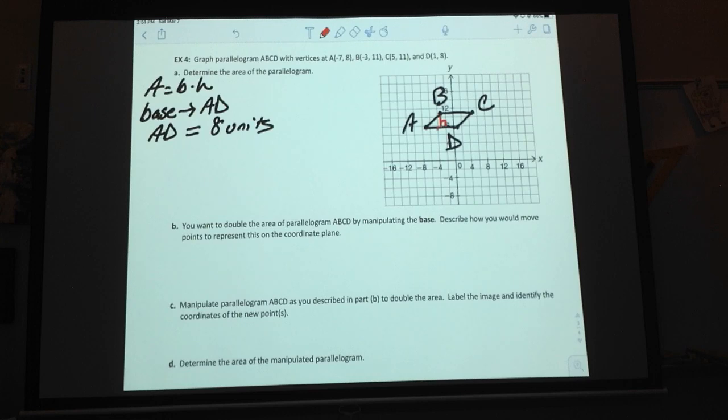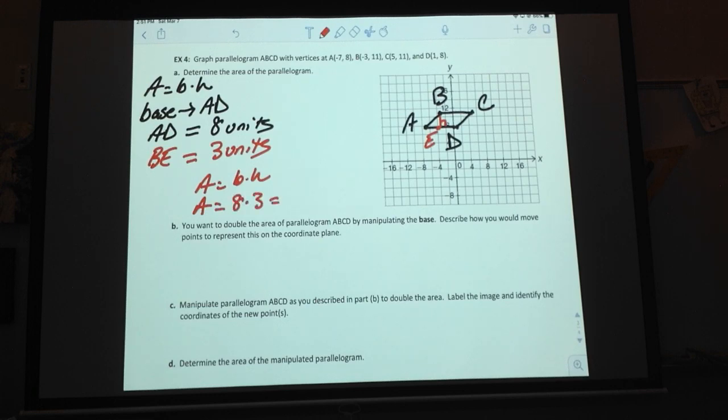I'm going to label that E. So BE is my height, and that's simply 3 units, countable from 11 down to 8. So I can find my area pretty quickly. Area equals base times height. Area equals 8 times 3, or simply 24 units squared.